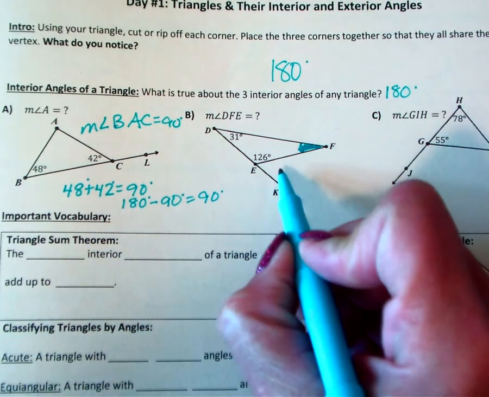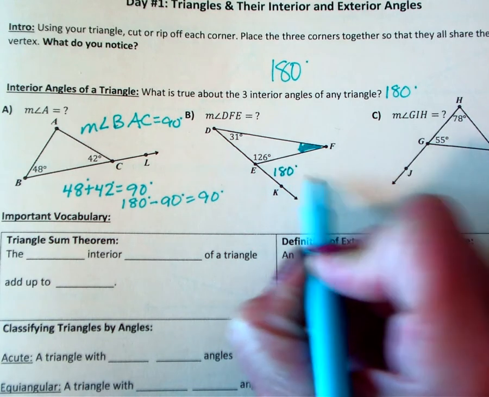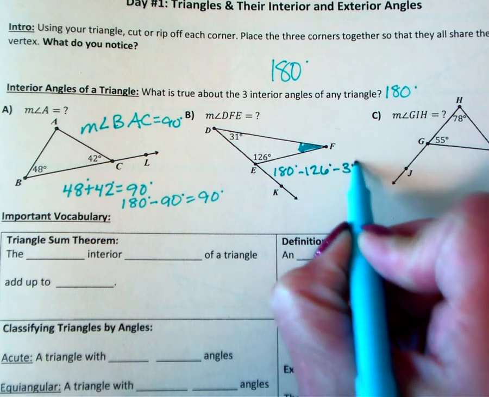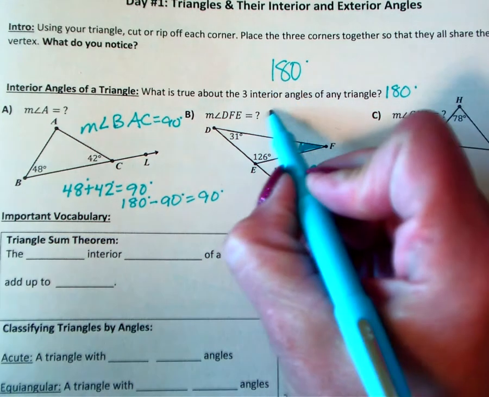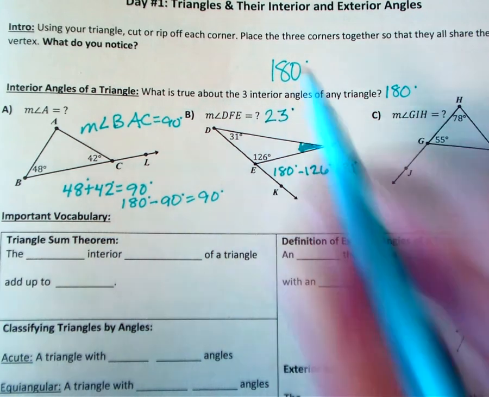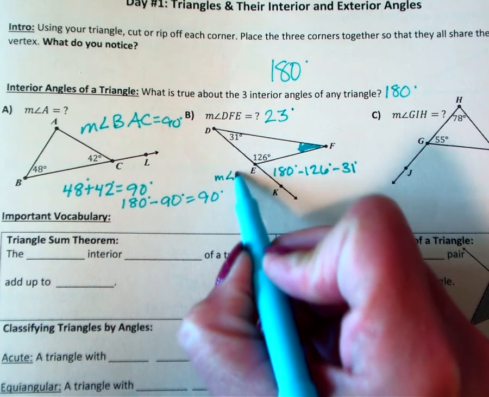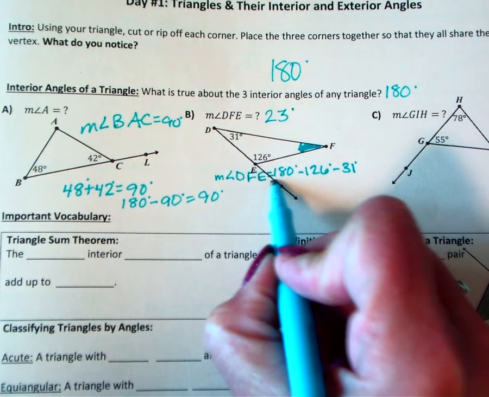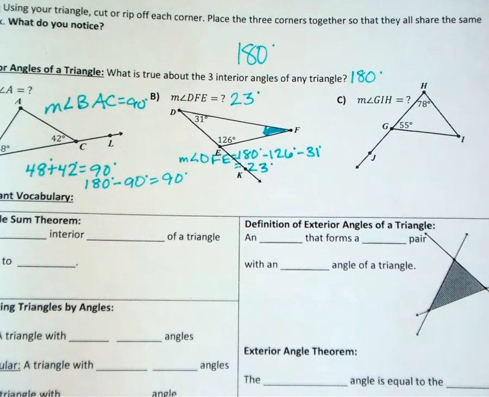Could you have started with 180 degrees and subtracted that 126 and that 31? You could have also done that. And we find that the measure of angle DFE is 23 degrees once we do that calculation.